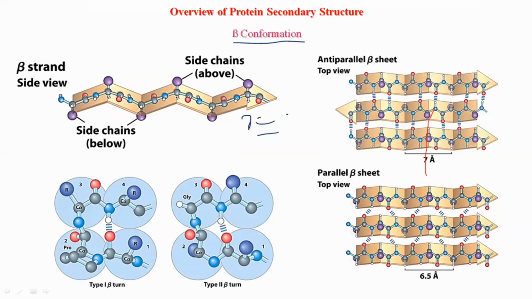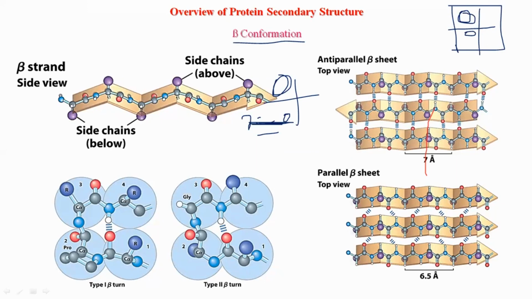One amino acid to another amino acid, the angle will be near 180, more or less. That means this will fall in this quadrant. So by seeing the Ramachandran plot report also, we can define the secondary structure of the proteins. So this is in beta sheets.